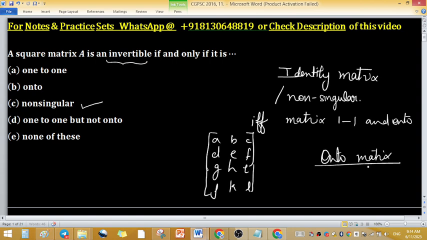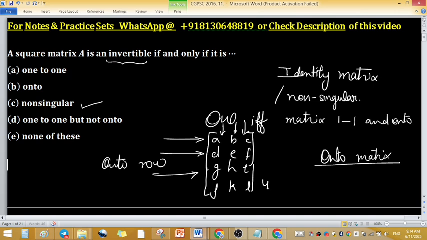A matrix representation is said to be onto if and only if it contains a pivot in each row. For onto, a pivot in each row, and for 1-1, a pivot in each column.